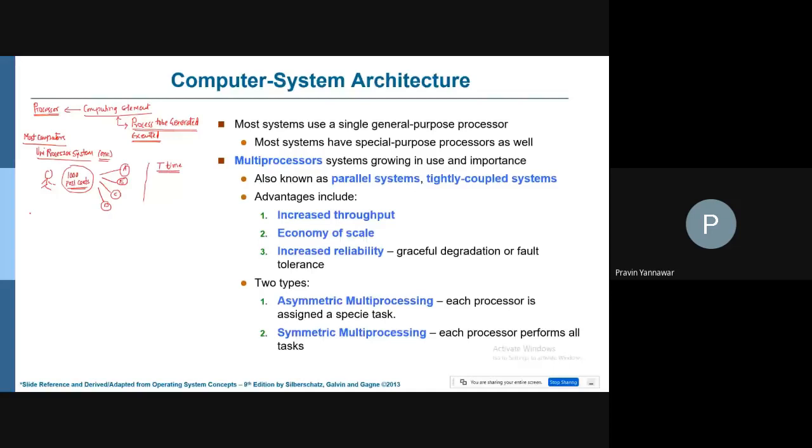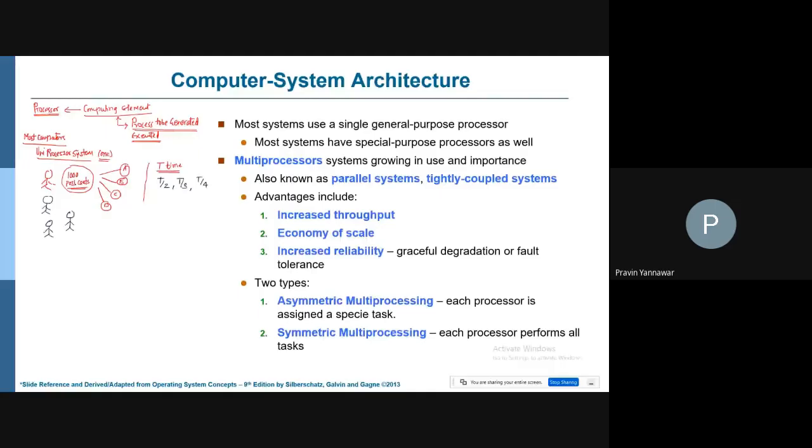Just assume that this system is modified in this way. The same thing is there, but instead of one student, you have two students. Then T is going to be divided by 2. If it is 3 students, T is divided by 3.